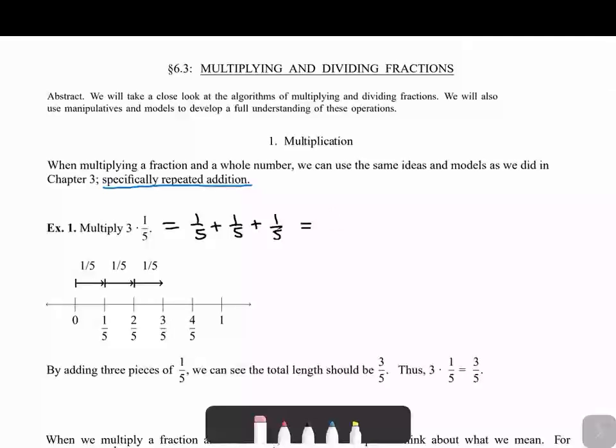That's represented here on the number line, where we first add 1/5, then we add another 5th, and then a third 5th, and we get all the way to 3/5.